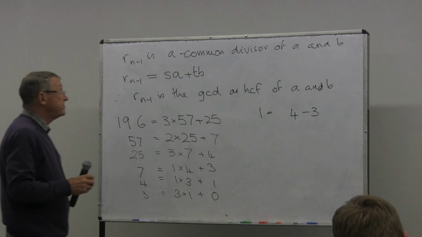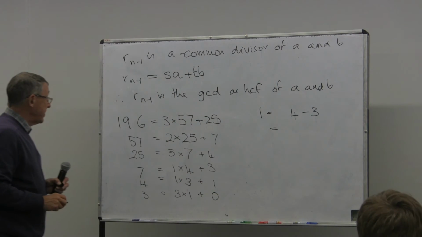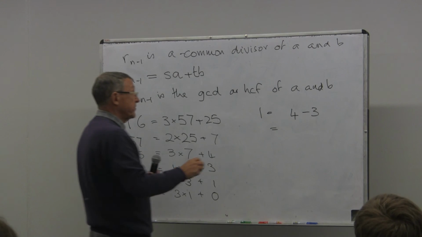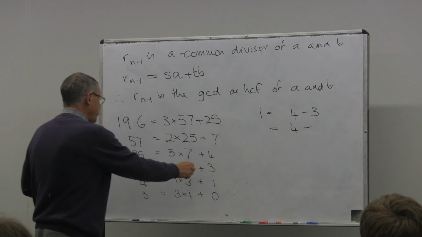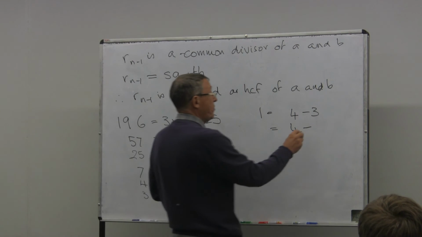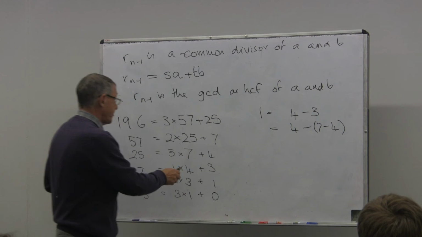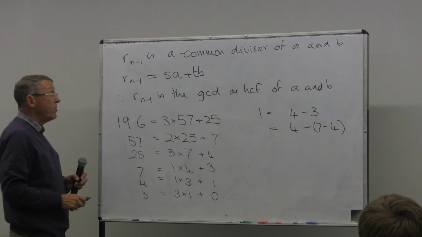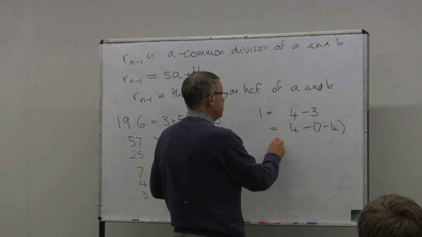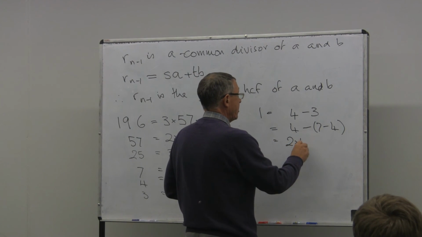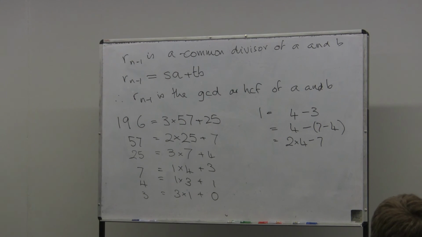And then we substitute for the smaller one: that's 4 minus, then we substitute for the 3, which is 7 minus 4 from the previous line. Tidy that up. That's 2 times 4 minus 7, which is still hardly rocket science.